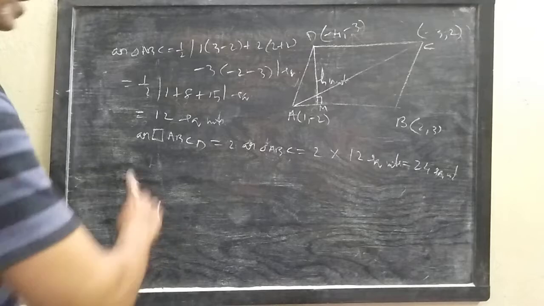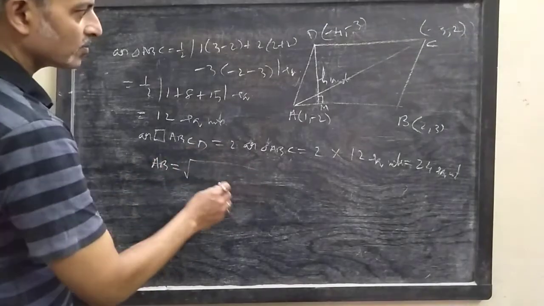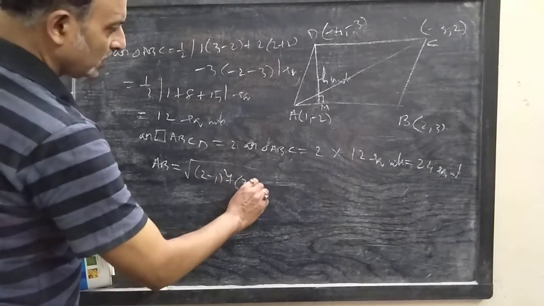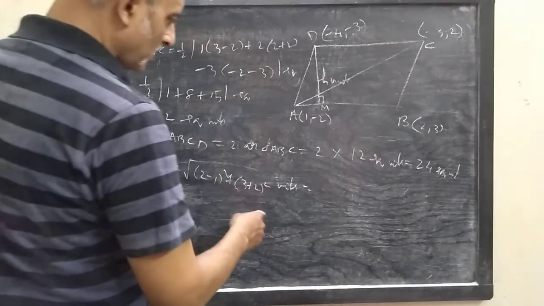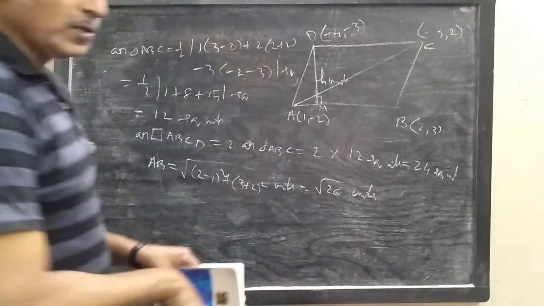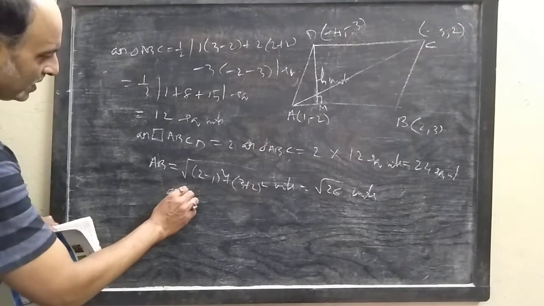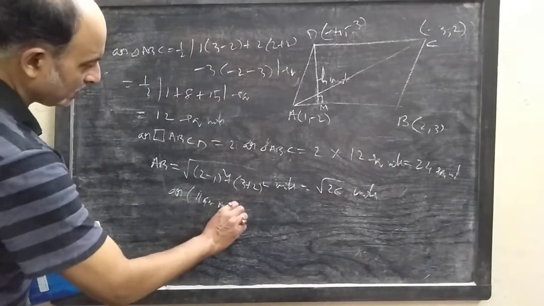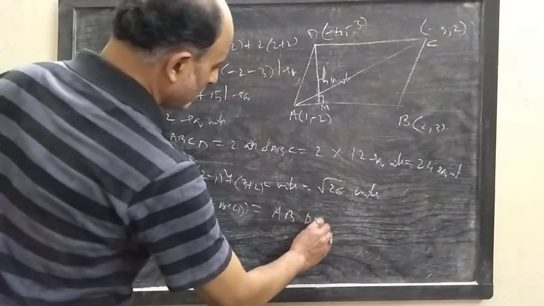Okay. Now find the length AD. AD will be the root of (2 minus 1) whole square plus (3 plus 2) whole square units, that is root 26 units. We know the area of a parallelogram is base into corresponding altitude, that is area of parallelogram ABCD equals AB into DM.